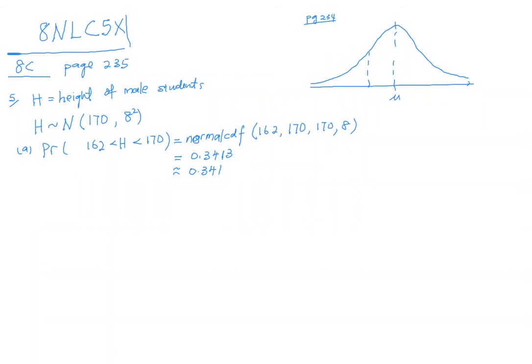If it's between one standard deviation away, you see, our mean is 170. So if I take 170 minus 8, I got 162, correct? So this area is 34.1%. So if you have that, you can also make use of it. You don't have to use your normal CDF.